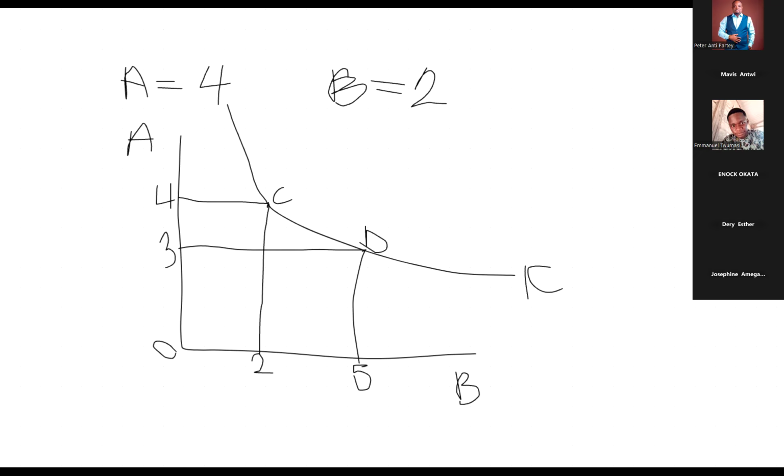Whether the consumer is consuming at point C or point D, that consumer is enjoying the same level of satisfaction. And that's why we say that points on the indifference curve indicate the same level of what? Satisfaction.